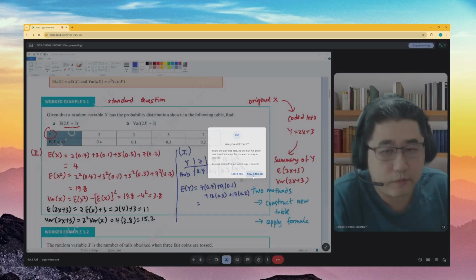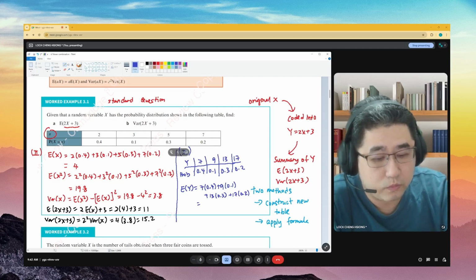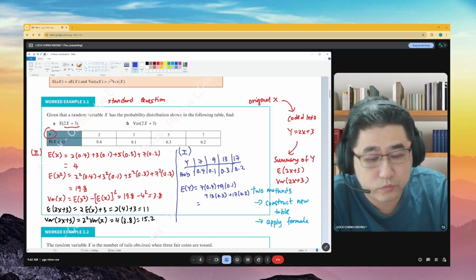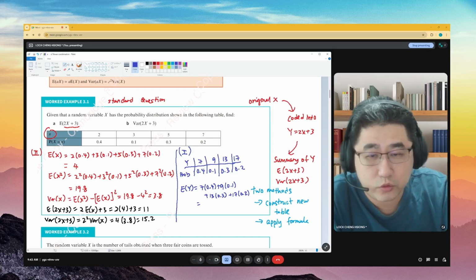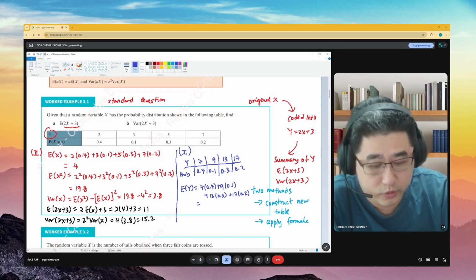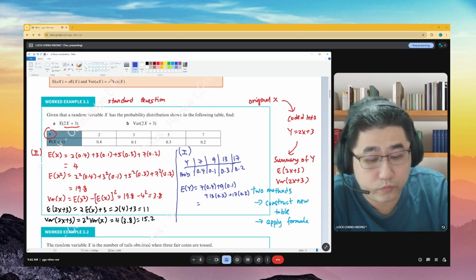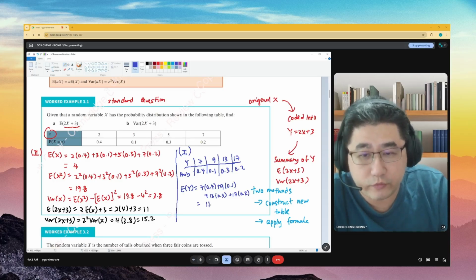Press the calculator: 7, 9, 13, 17, with 0.4, 0.1, 0.3, 0.2. Okay, I get the value 11.